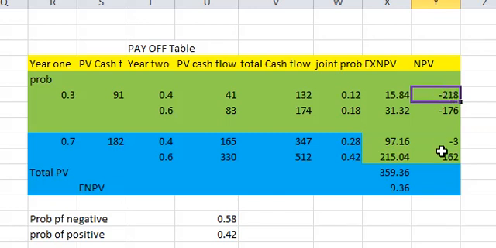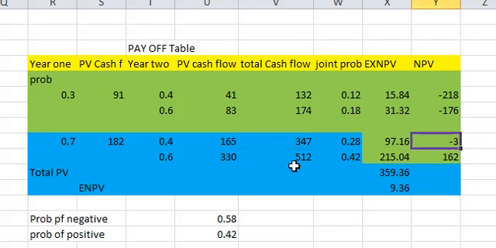We get this. Remember, 350 is our initial investment. We get 174 minus the initial investment of 350, we get this. You get 347 minus the initial investment of 350, we get this.